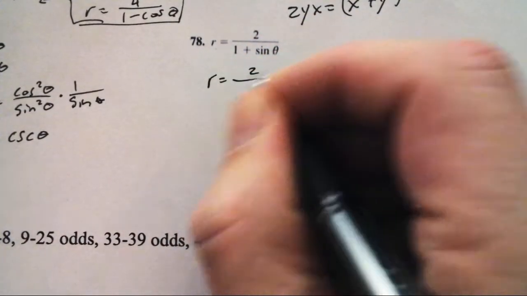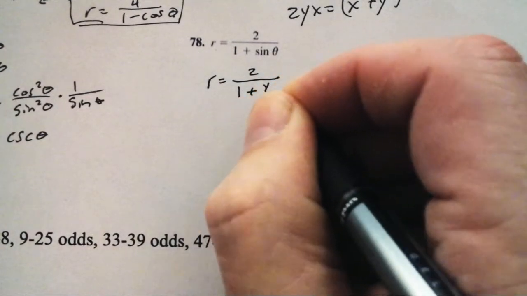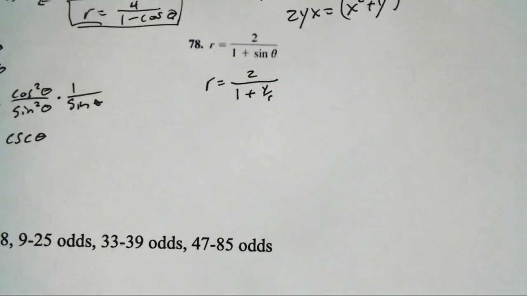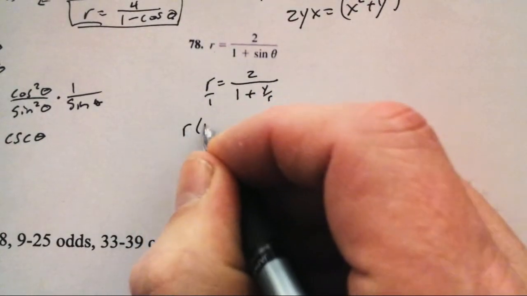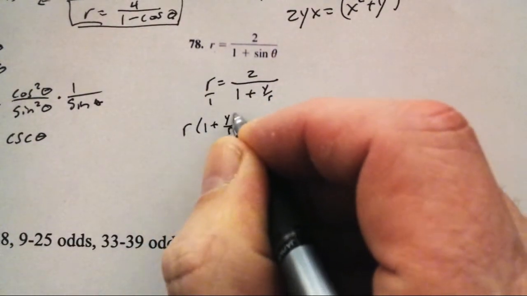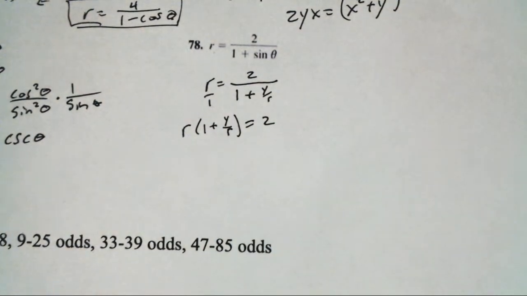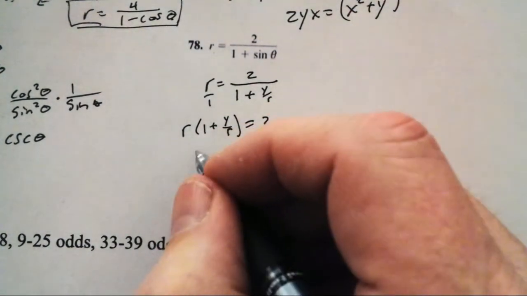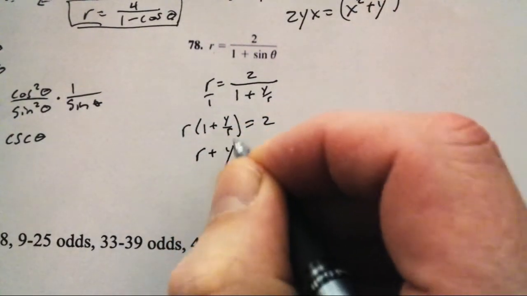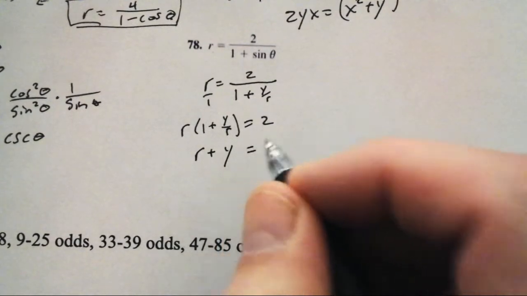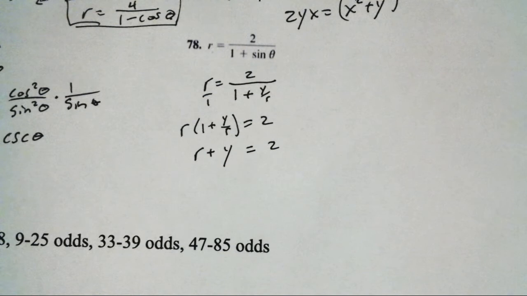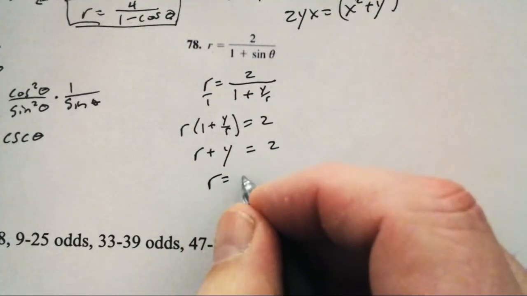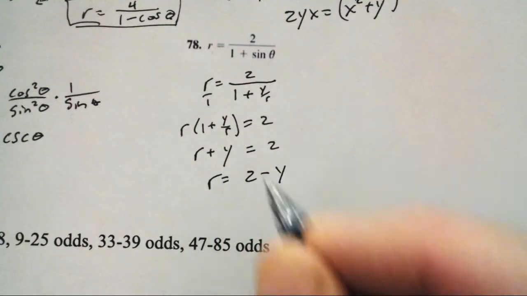r equals 2 on 1 plus y over r, at which point I think I'm going to cross multiply these fractions. r times 1 plus y on r equals 2. A little bit of a payoff here. r plus y equals 2 when I distribute. Solve for r, and I get 2 minus y.